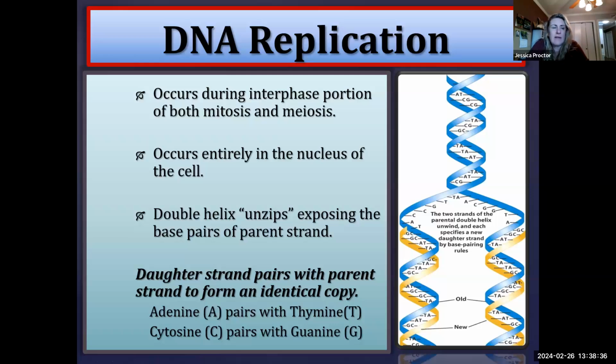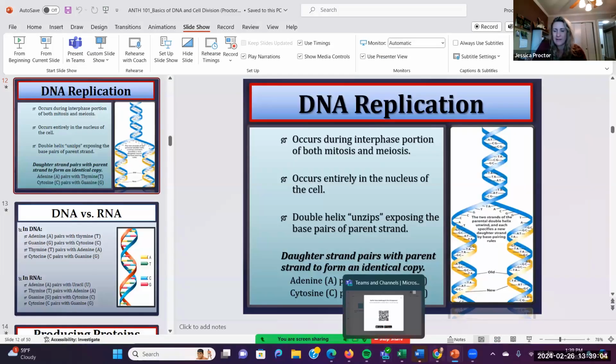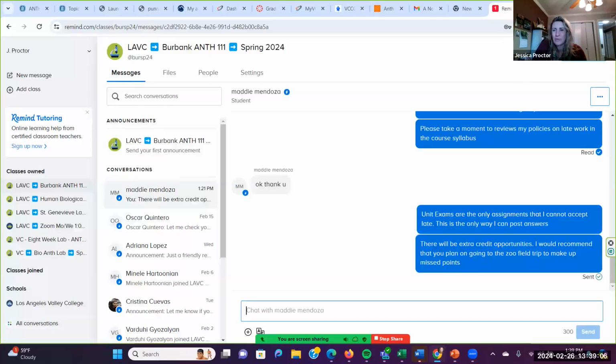I'm going to show you guys a little video clip. For this chapter, I really like to use a series called Amoeba Sisters. You guys can tell me if it's too cartoony. But I like this particular series because it gives you a visualization, and it really breaks things down. I know it may have been a while since some of us have taken biology, so I like to show you a little visualization of what this might look like. Tell me if this is too simplistic. I do have other videos I can show you.